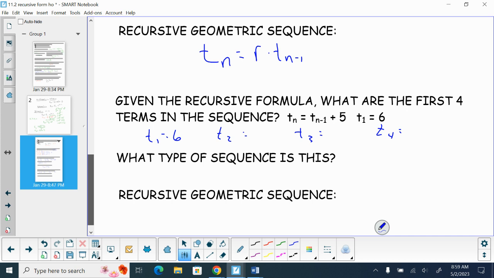Sarah, what's your first four terms? 6, 11, 16, and 21.